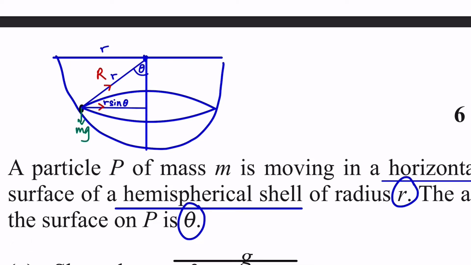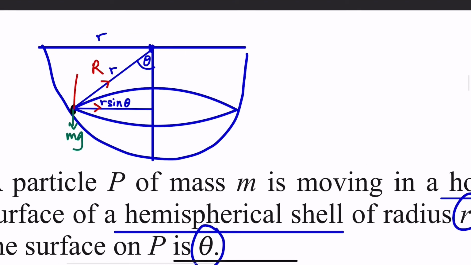So we can resolve the normal reaction over here in the vertical and horizontal direction. So we can write this. Okay, this is also theta, right? Because it's an alternate angle, right? So this we can write as R cos theta, and for the horizontal direction we have R sine theta.